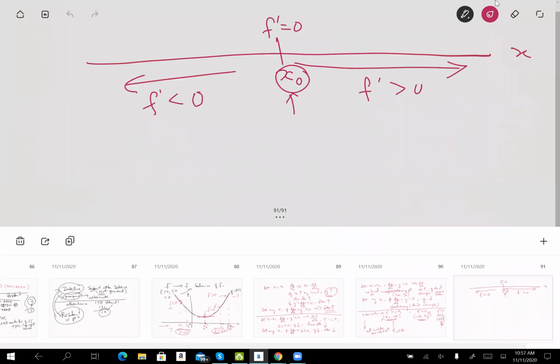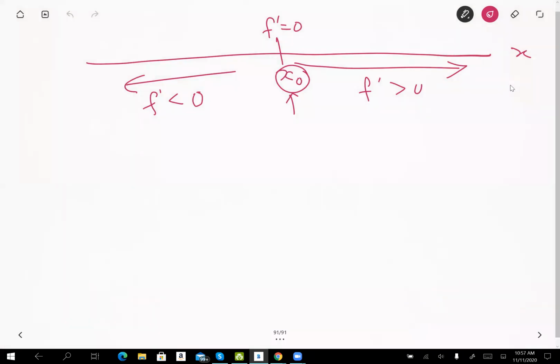Why is it important? The critical point is important because that is the point that will determine the intervals.